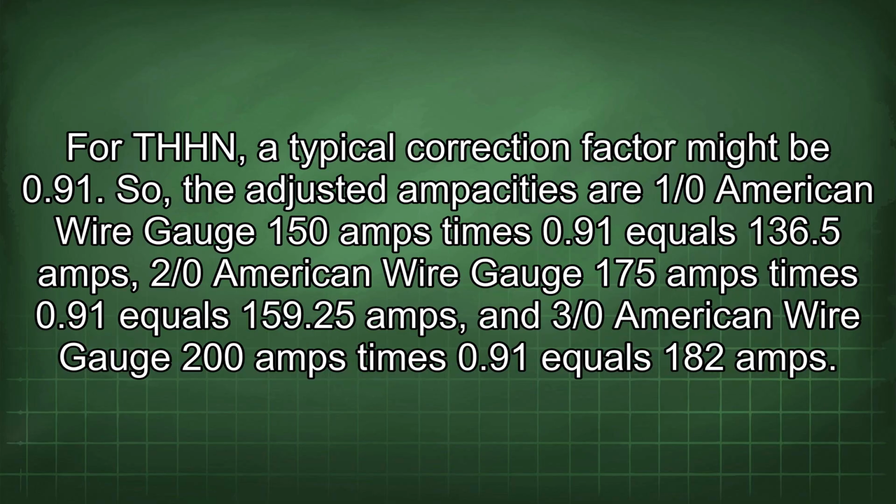So, the adjusted ampacities are 1/0 American wire gauge 150 amps times 0.91 equals 136.5 amps, 2/0 American wire gauge 175 amps times 0.91 equals 159.25 amps, and 3/0 American wire gauge 200 amps times 0.91 equals 182 amps.